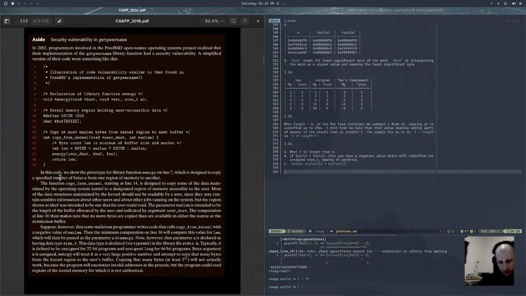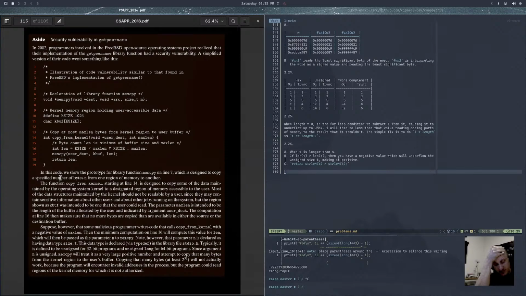In this code, we show the prototype for the library function memcopy at line 7, which is designated to copy a specified number of bytes n from one region of memory to another. The function copy from kernel, starting at line 14, is designed to copy some of the data maintained by the operating system kernel to a designated region of memory accessible by the user.